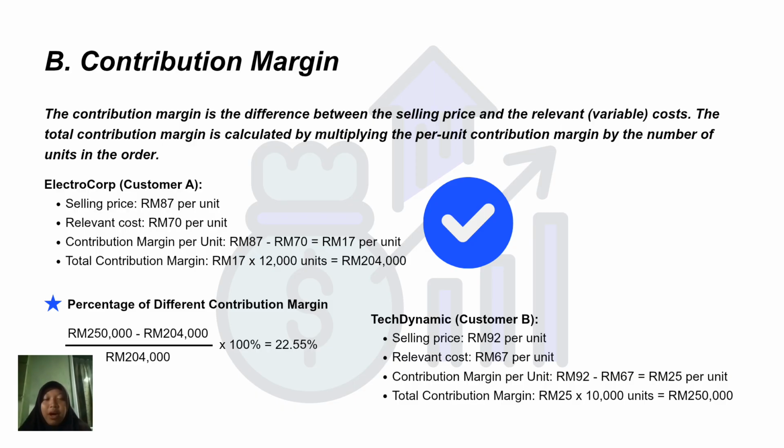The Electrocorp order of 12,000 units yields a total contribution margin of 204,000 ringgit. The Tech Dynamic order of 10,000 units, despite being a smaller order, has a higher total contribution margin of 250,000 ringgit.